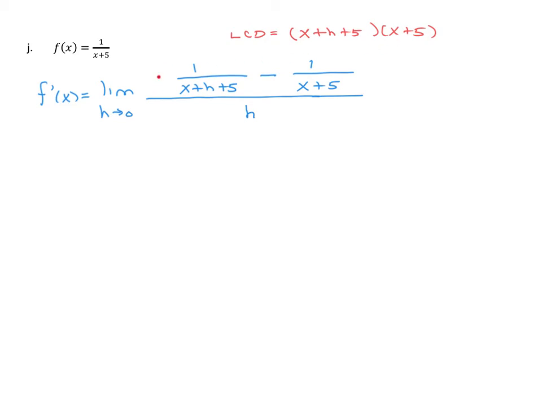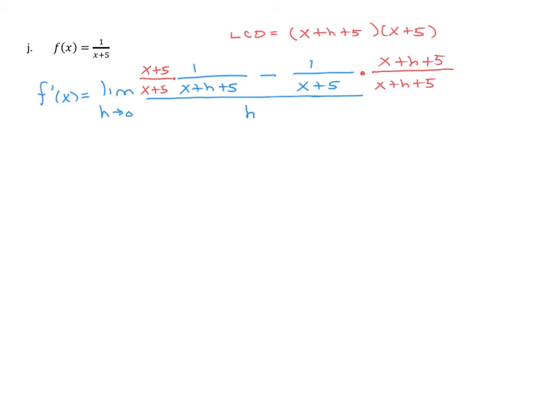So I'll multiply that in. In terms of what's missing over here, that's the x plus h plus 5, and I'll multiply in that as well. So over here, I'm multiplying by x plus 5 in the top and the bottom. And then over here, I'm multiplying by x plus h plus 5.